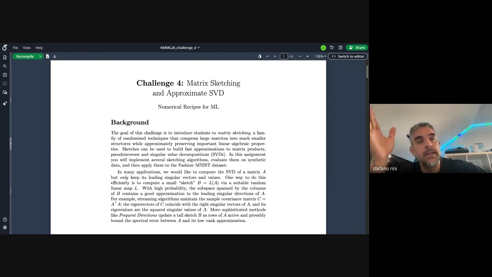So when you train a deep neural network, you do the forward pass, and in the backward pass you have a lot of matrix multiplications that you do in order to update the weights between one layer and the other layer. And since you're doing backpropagation, you are doing this operation not on the full data set, but only on the batch, right? Only on a small amount of data.